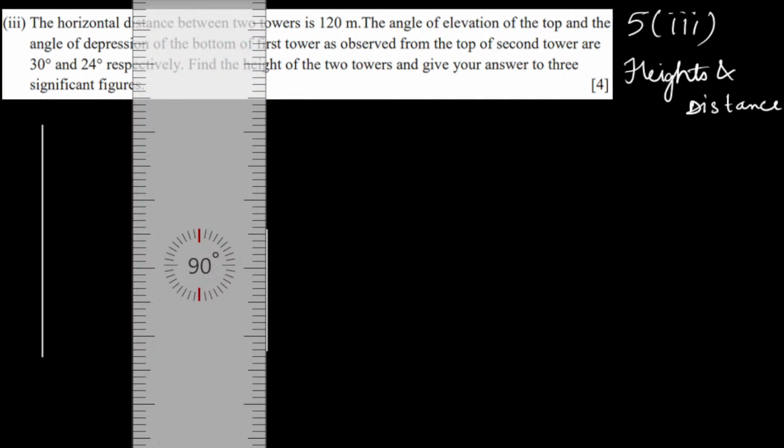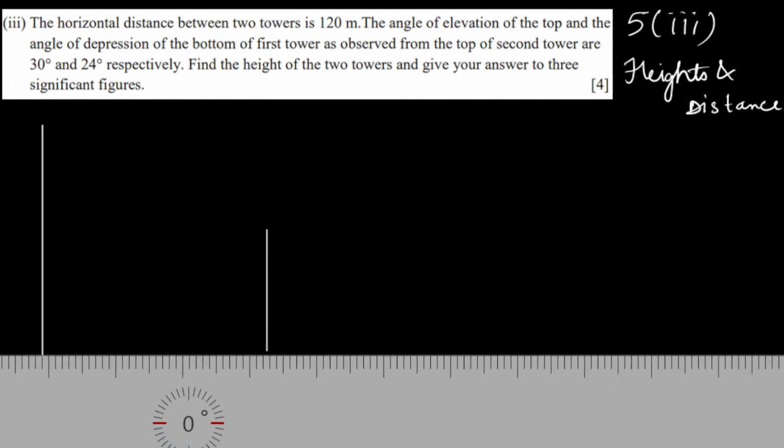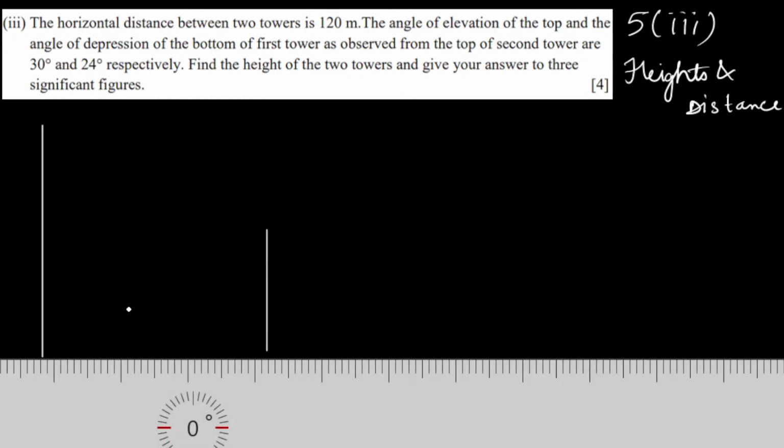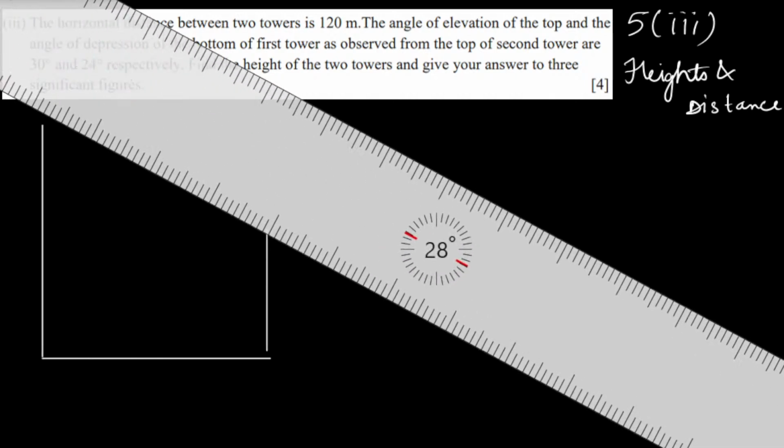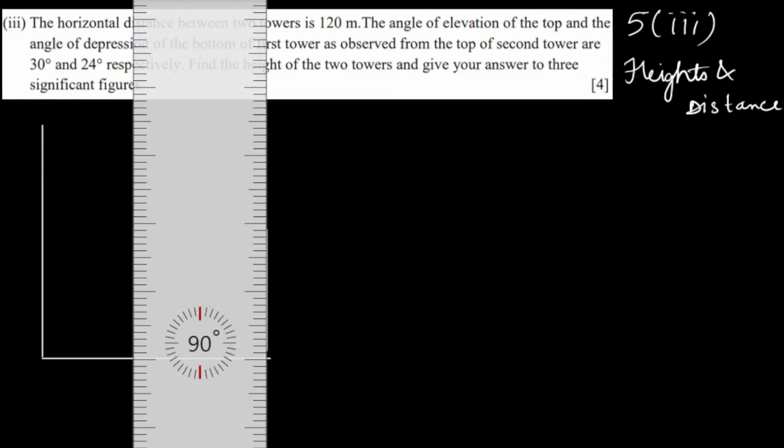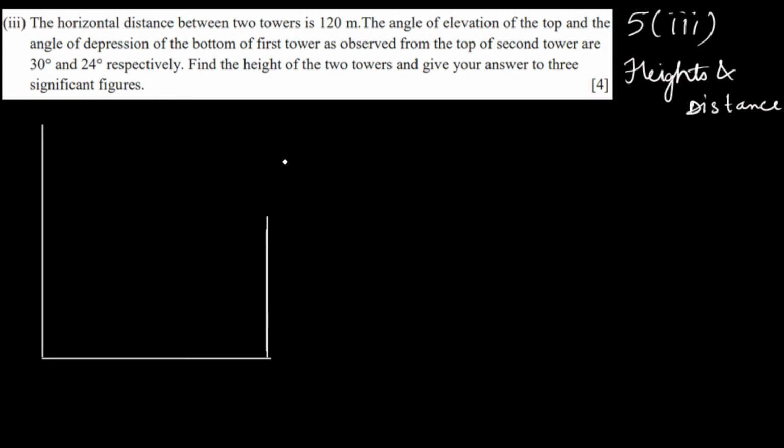Horizontal distance between two towers is 120 meters, so this distance is 120 meters. I'll say this is AB, where AB is one tower, and here I'll say CD, because it's not given to us that the towers are equal, so one might be bigger than the other.